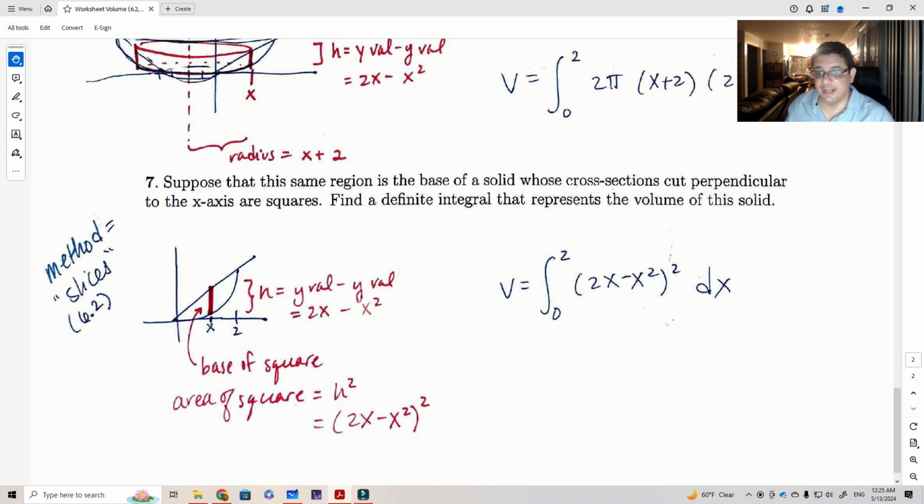The side of this square is simply the difference between the two functions, 2x minus x squared, and this measures the base of the square. The area of a square is just the base squared. So this is represented by the integral from 0 to 2 of (2x minus x squared) squared. This is what we call the method of slices.